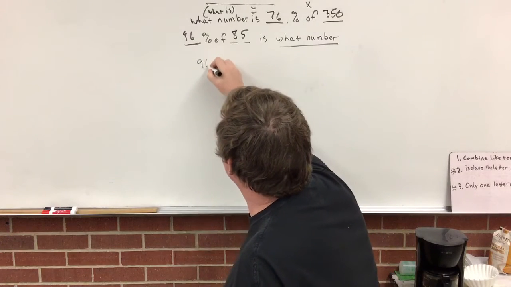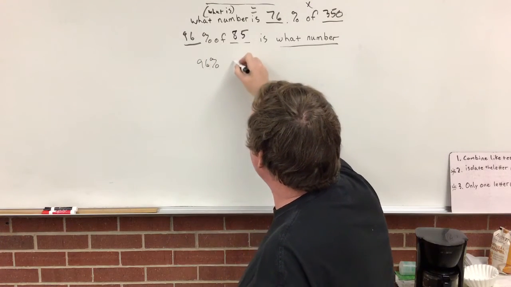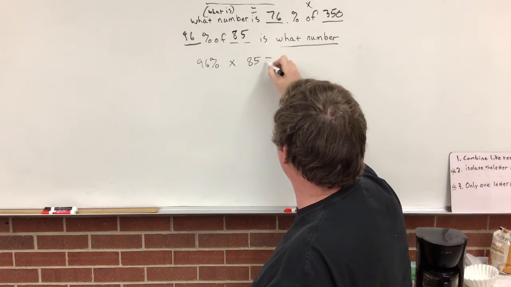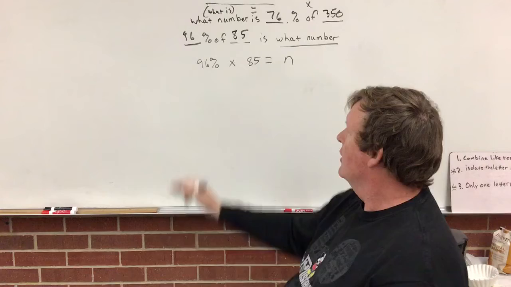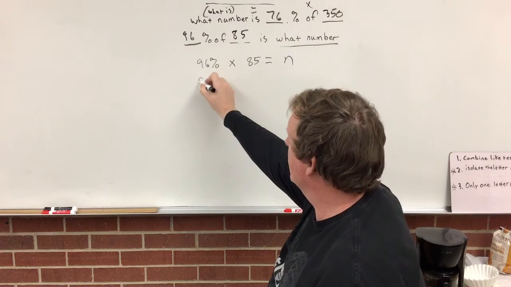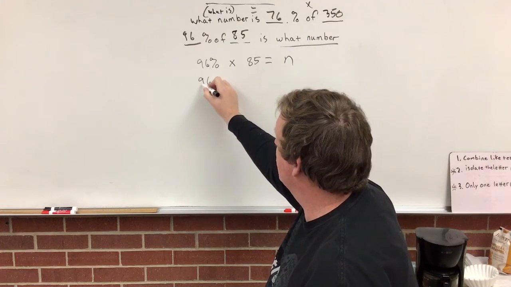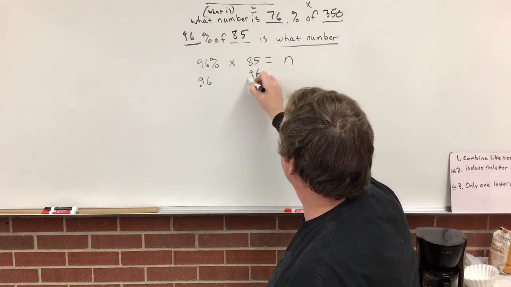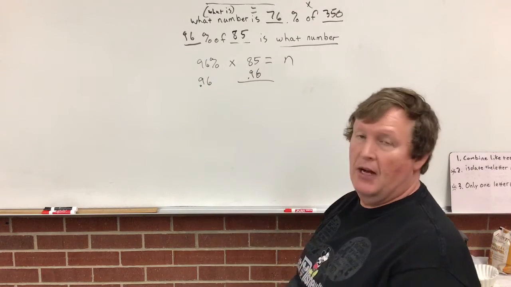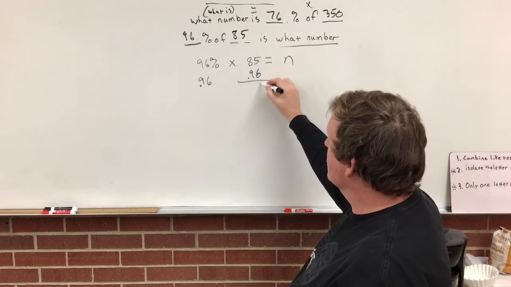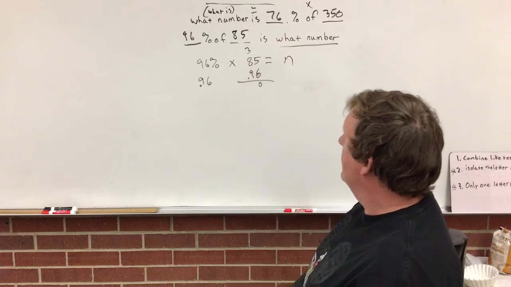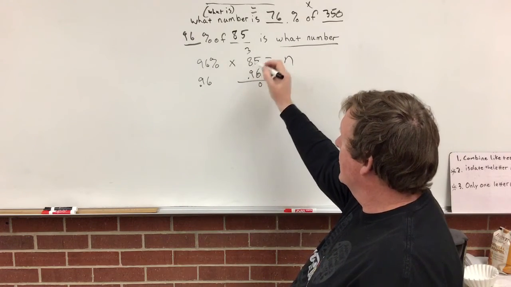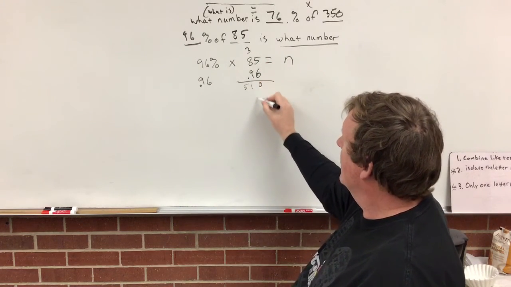So 96% of means times 85 is the number we're trying to figure, is means equals, and we have n. So, step 1, convert 96% to a decimal. Move the decimal place over twice. Now we multiply. 96 times 85. 5 times 6, 30. 8 times 6, 48 plus 3, 49, 50, 51.